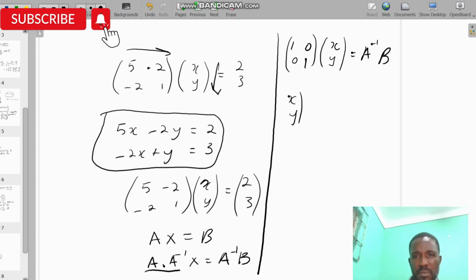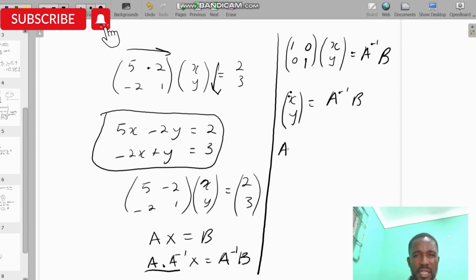So basically, if I can find A inverse and multiply it by B, then automatically I will get the values of x and y. So let's go and find A inverse.